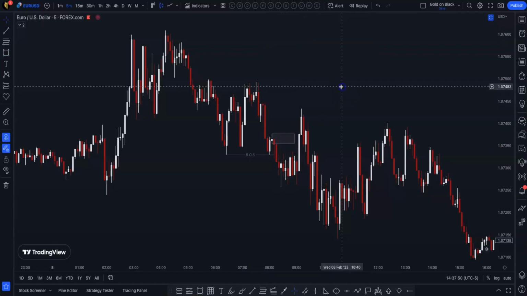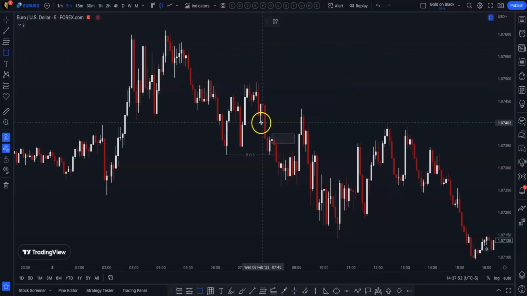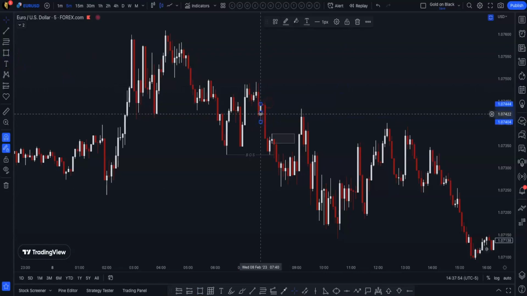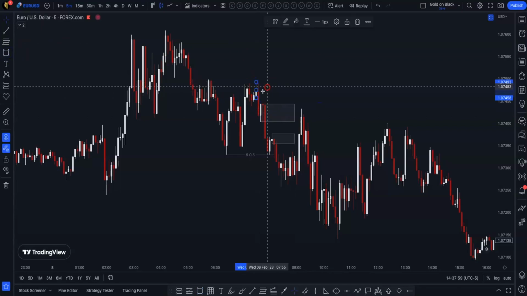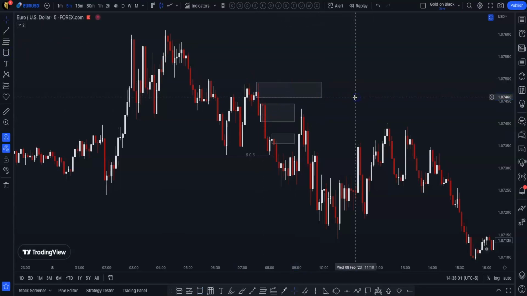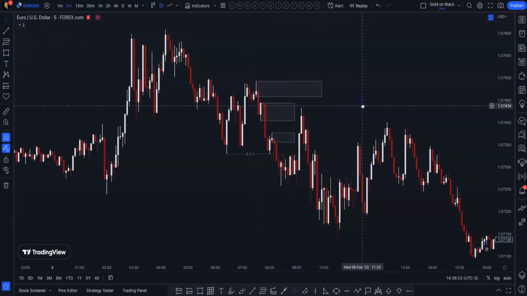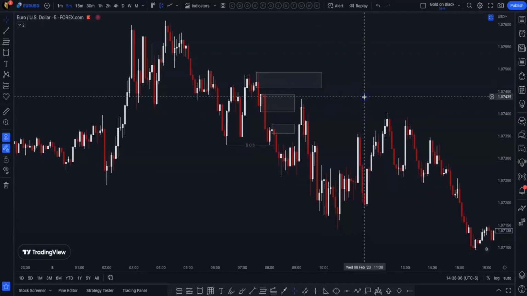We got this one right here, this POI. We got this one. And we got the origin, the very top, right there, okay? How do we know which one is going to get mitigated? We don't know. What I like to wait for at least is liquidity, okay?